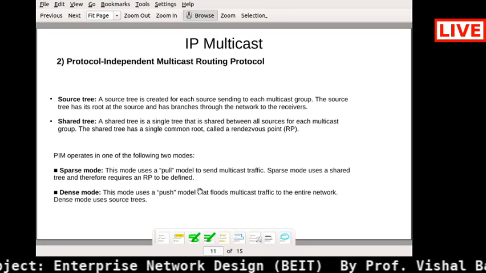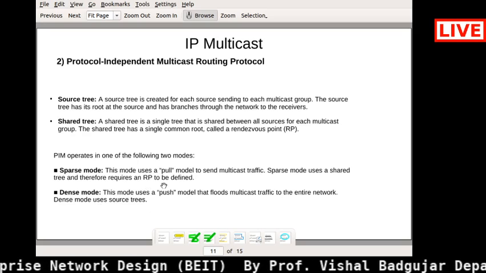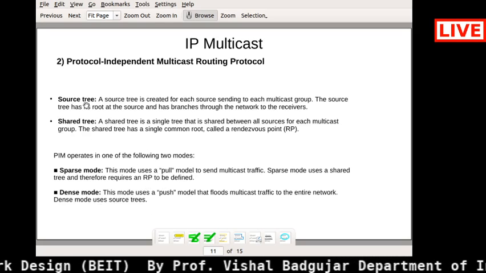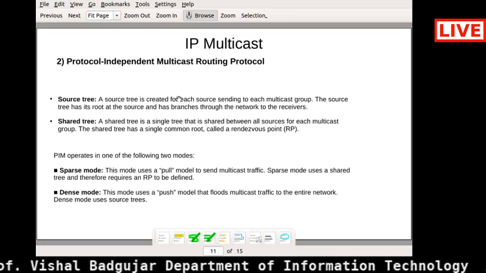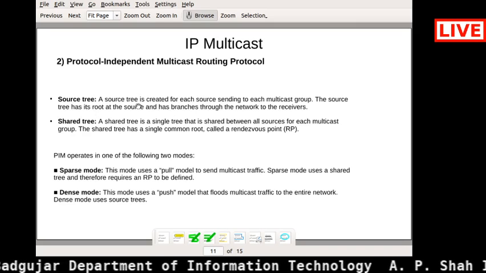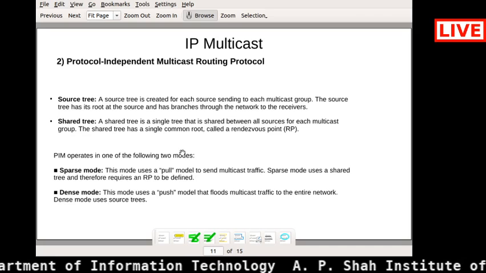You also need to keep in mind the sparse mode and the dense mode, and that the source tree and the shared tree are used for sending traffic from your multicast routing.